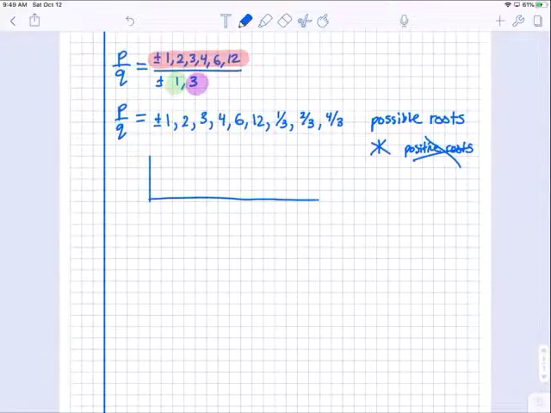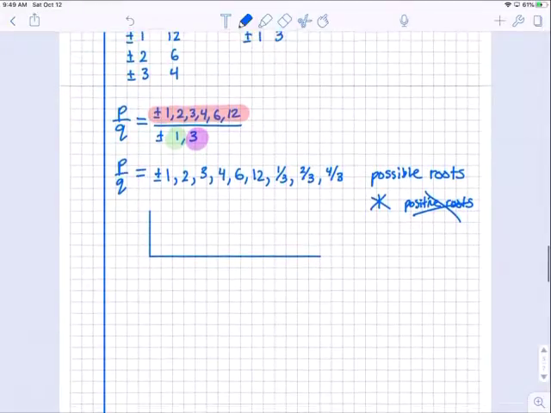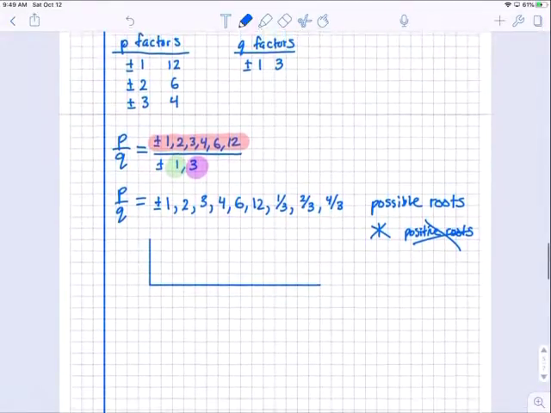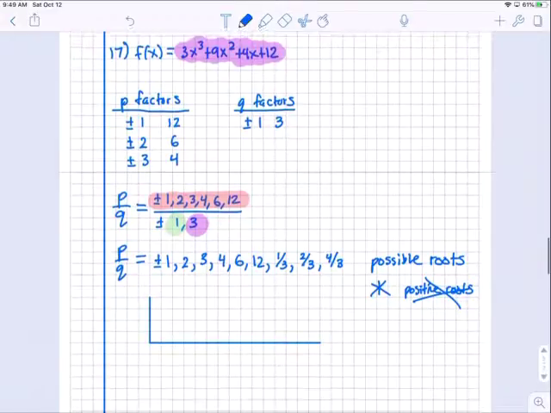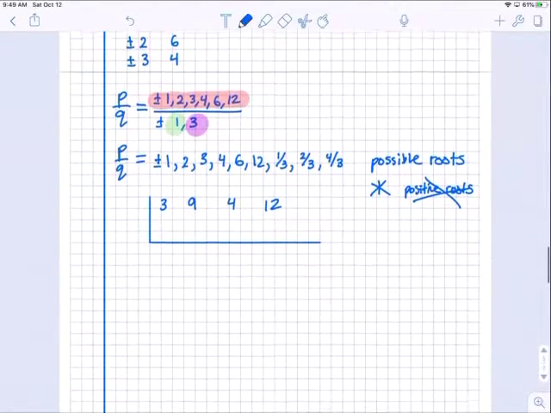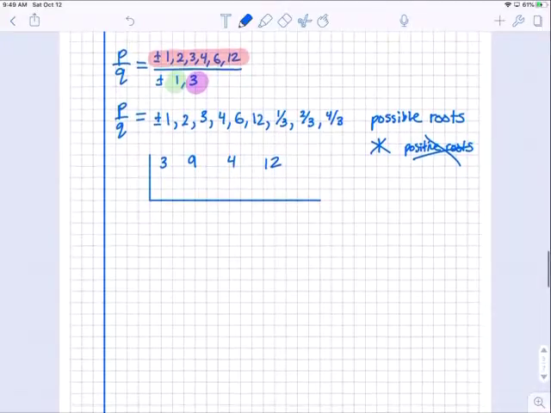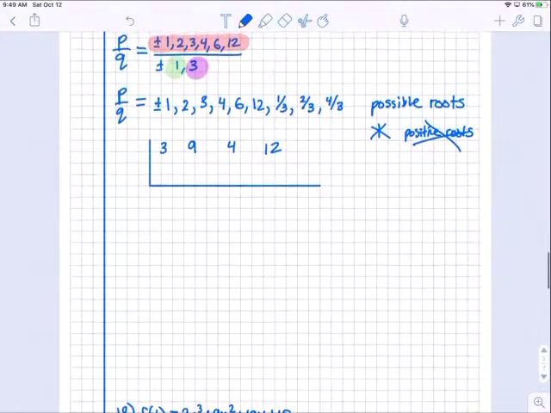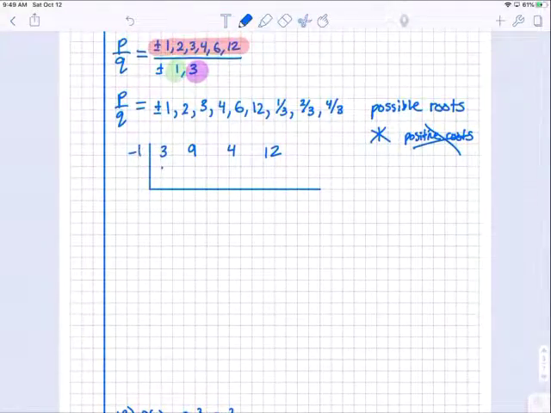So I'm going to write down the coefficients, which are 3, 9, 4, and 12. Let's just find our roots from our possible roots list. I'm going to do -1. 3 times -1 is -3. Add, we get 6. 6 times -1 is -6.